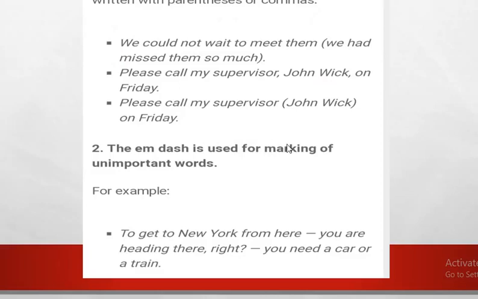The em dash is used for marking off unimportant words. To get to New York from here — you are heading there tonight — you need a car or a train.